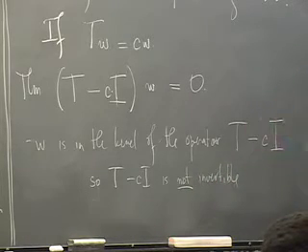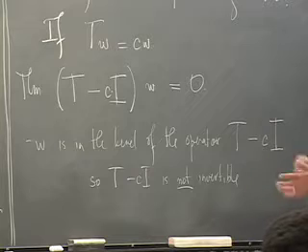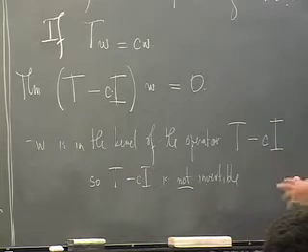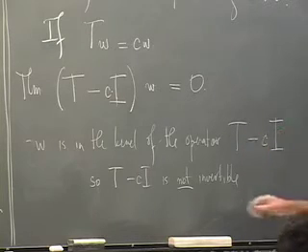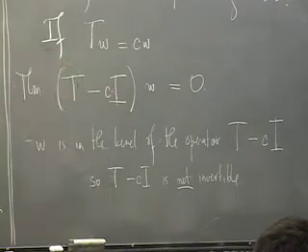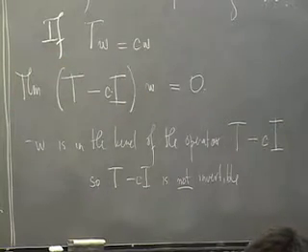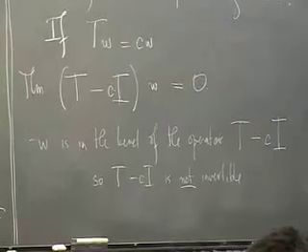It's a map from a space to itself, so it's invertible if and only if its kernel is 0 or its image is everything. But here we'd have a kernel.